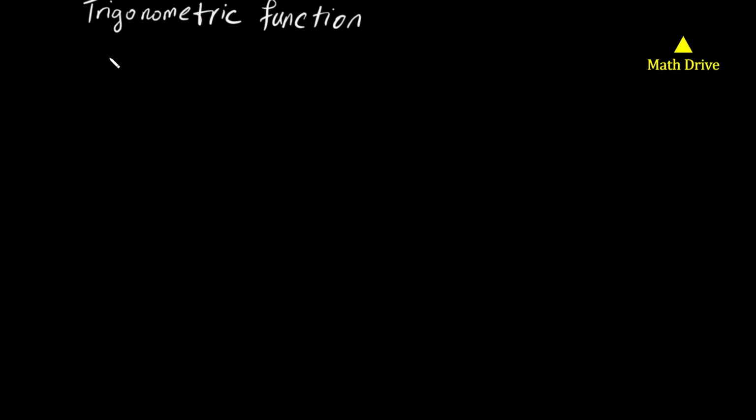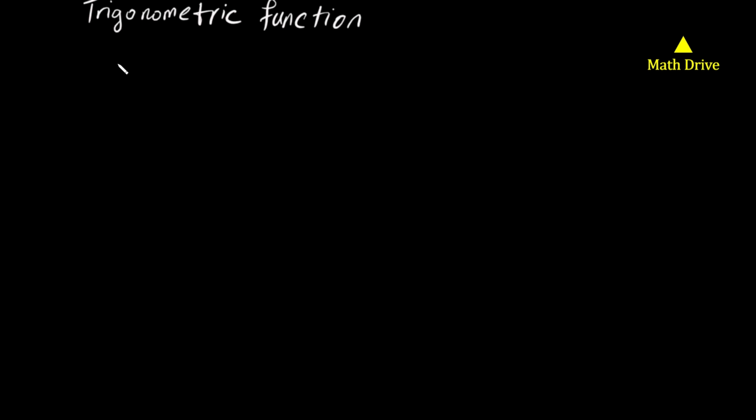Hello, in this video I'm going to discuss briefly trigonometric functions, but I'll have a series of videos about different trigonometric functions and expressions. All the trigonometric functions can be defined in a right triangle.